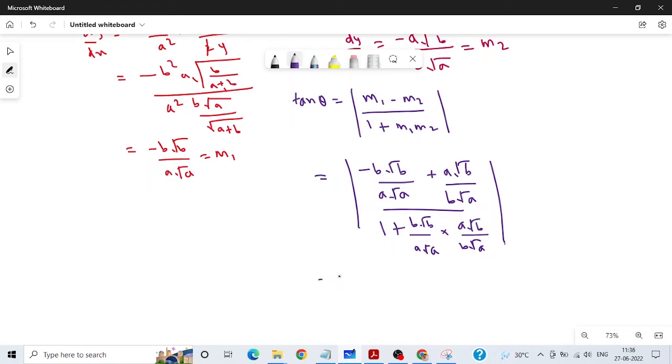So now by simplifying, it's easy to see this b will get cancelled, this a will get cancelled. So we are left with b by a in the denominator, and in the numerator, by taking LCM, we get a square root of b into a minus b square root of b upon ab square root of a.